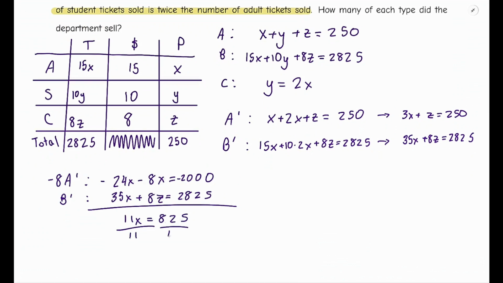Divide by 11, divide by 11. We get that x is equal to 75. Now I'm going to take this and plug it into A prime or B prime. I'm going to choose A prime.